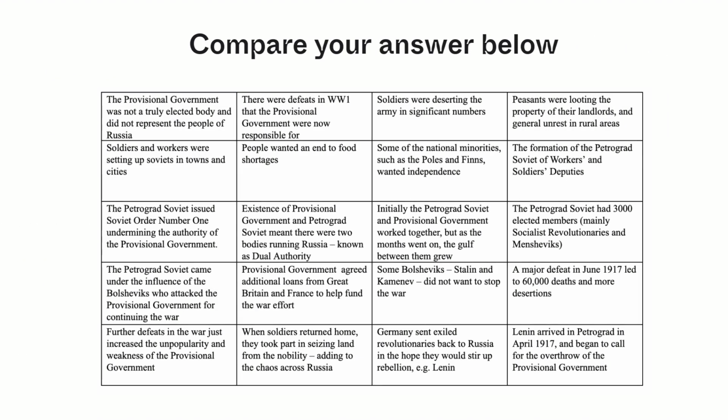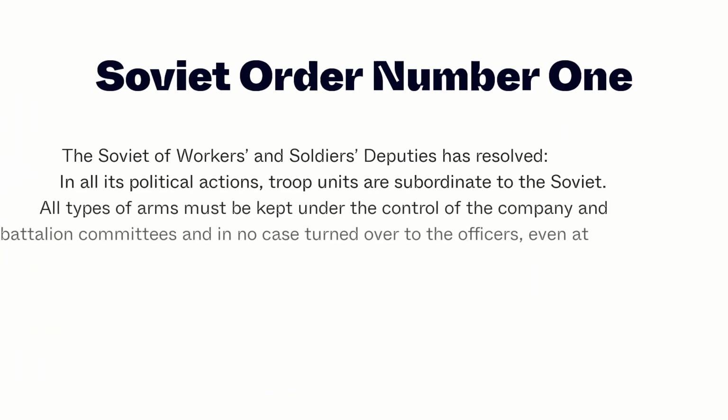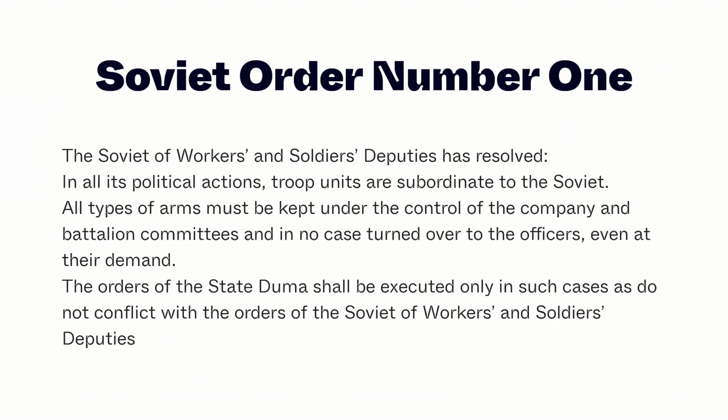Further problems were created when the Petrograd Soviet ordered Soviet Order No. 1, 14th of March 1917. The order stated, "The Soviet of Workers' and Soldiers' Deputies has resolved, in all its political actions, troop units are subordinate to the Soviet.